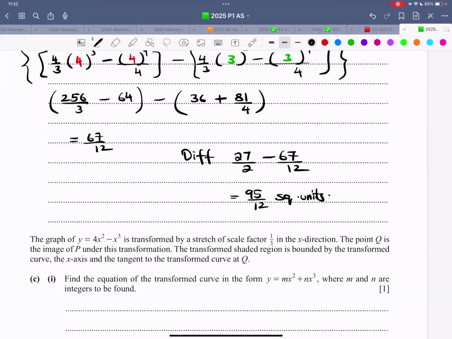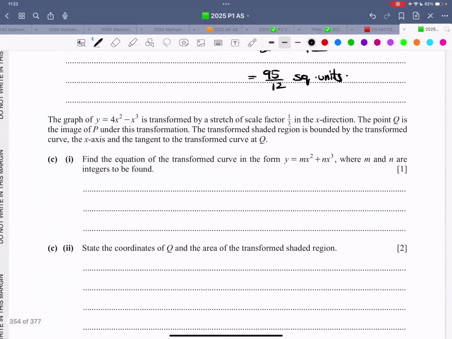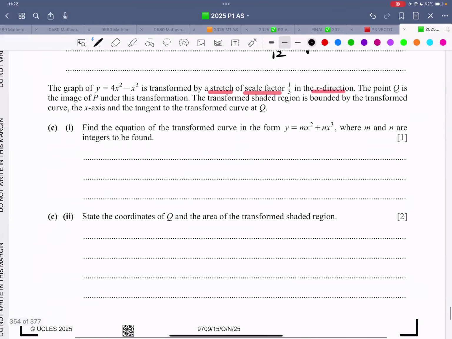Now they are asking, the graph of this thing is transformed by a stretch of scale factor 1/3 in x direction. Let's underline every single thing. It is a stretch scale factor 1/3 in x direction. The point Q is the image of P under this transformation. So we have P, right? P was, I think, 3,9. Yes, 3,9.